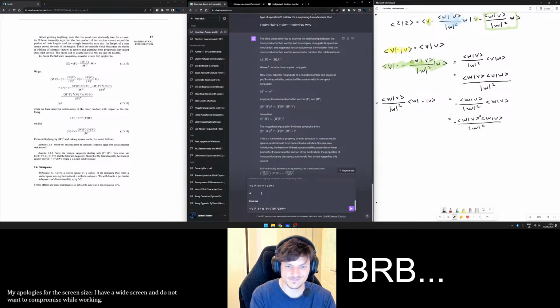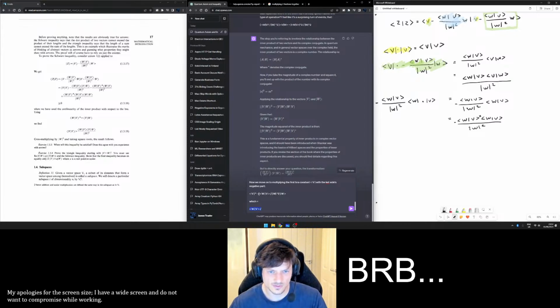Now we move on to multiplying the first bra constant v with the ket side's negative part, which equals wv, which equals this, but we're going to do that, VW.